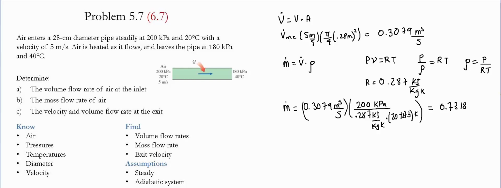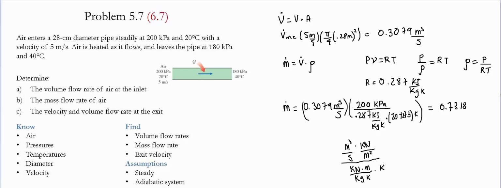We have meter cubed per second, and kilopascals is the same thing as kilonewtons per meter squared. Underneath we have kilojoules, which is kilonewtons times meter, and kilograms Kelvin.